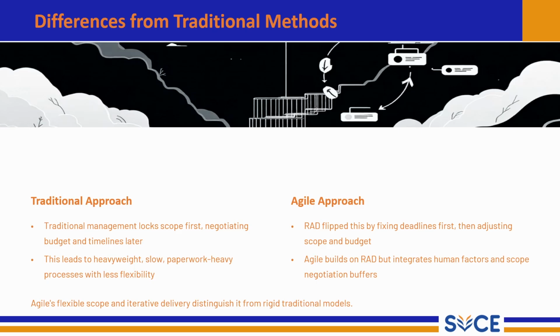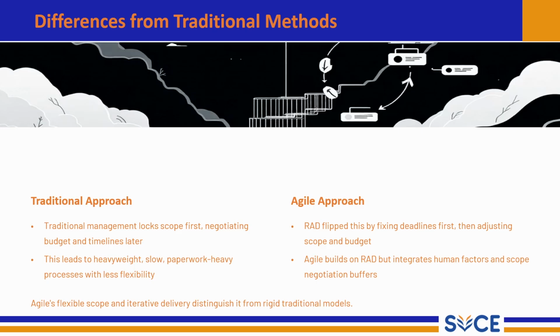It focused on delivering within fixed time limits instead of freezing the scope. Rapid application development allowed changes in the scope and budget based on time constraints. This made projects faster but still lacked human collaboration. Agile builds on rapid application development but integrates the human factors and scope negotiation buffers.